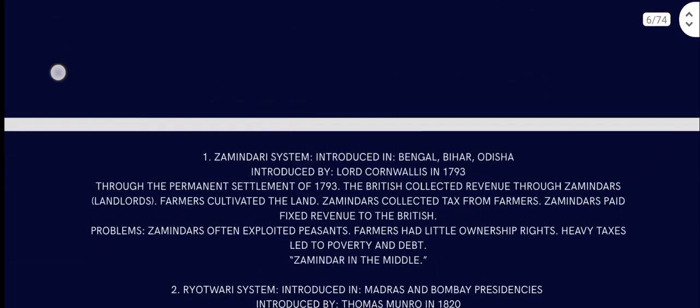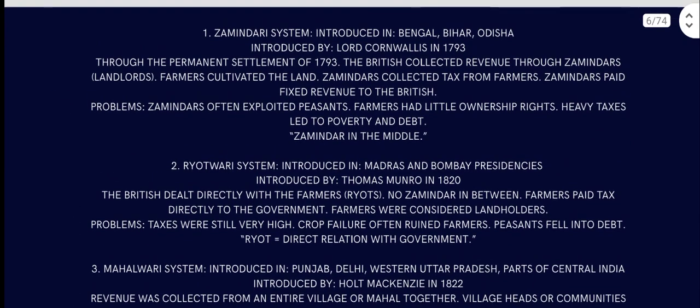So firstly, it was the Zamindari system that was introduced in Bengal, Bihar and Odisha by Lord Cornwallis in 1793. Through the permanent settlement of 1793, the British collected revenue. Zamindari system is the permanent settlement. So the British collected revenue through zamindars, that is landlords, and farmers cultivated the land.